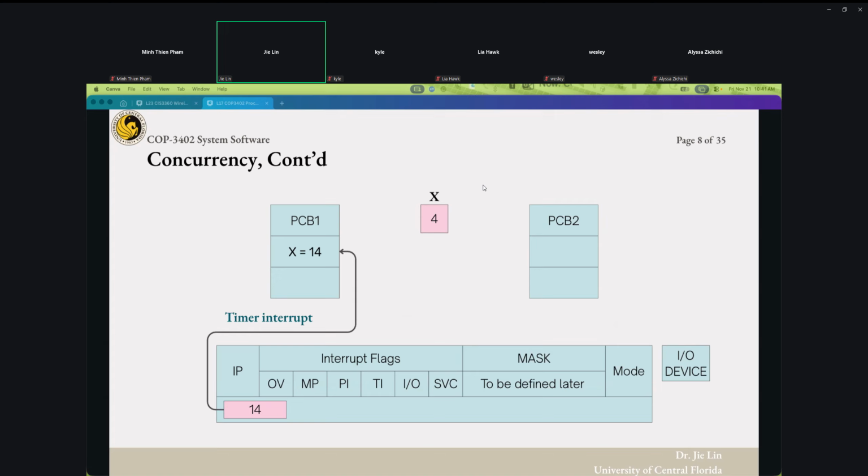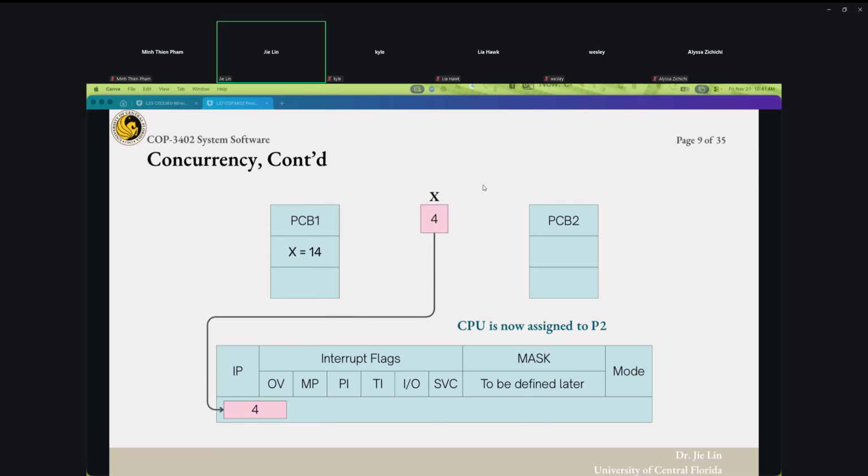Now we are quickly switching the context to P2. So P2 is now executing. It's still loading the information 4 into its register, doing the computation and writing that result back to X, storing it back to the memory. Okay, now X in memory is holding 6.